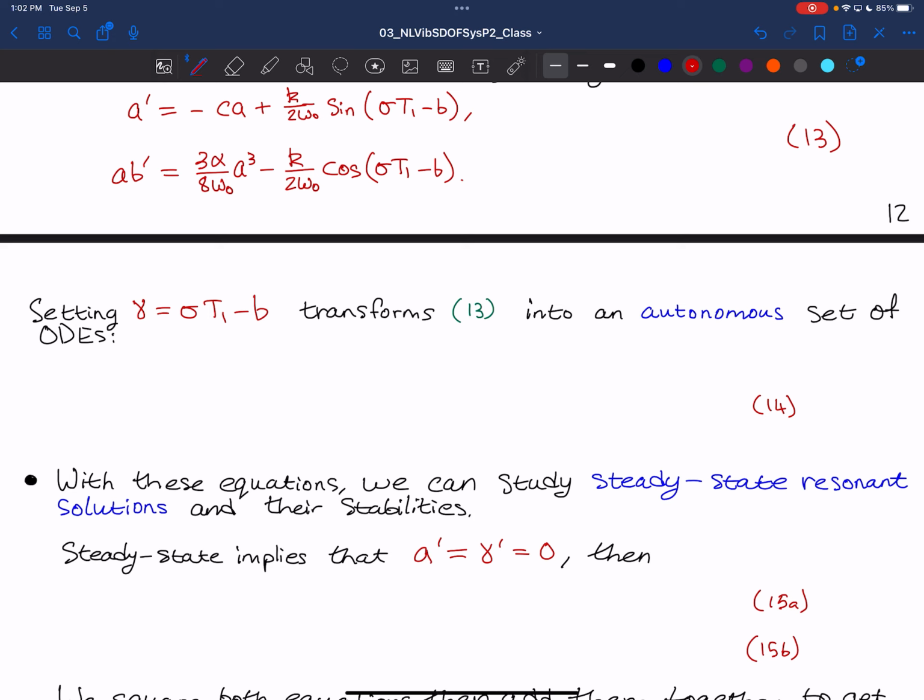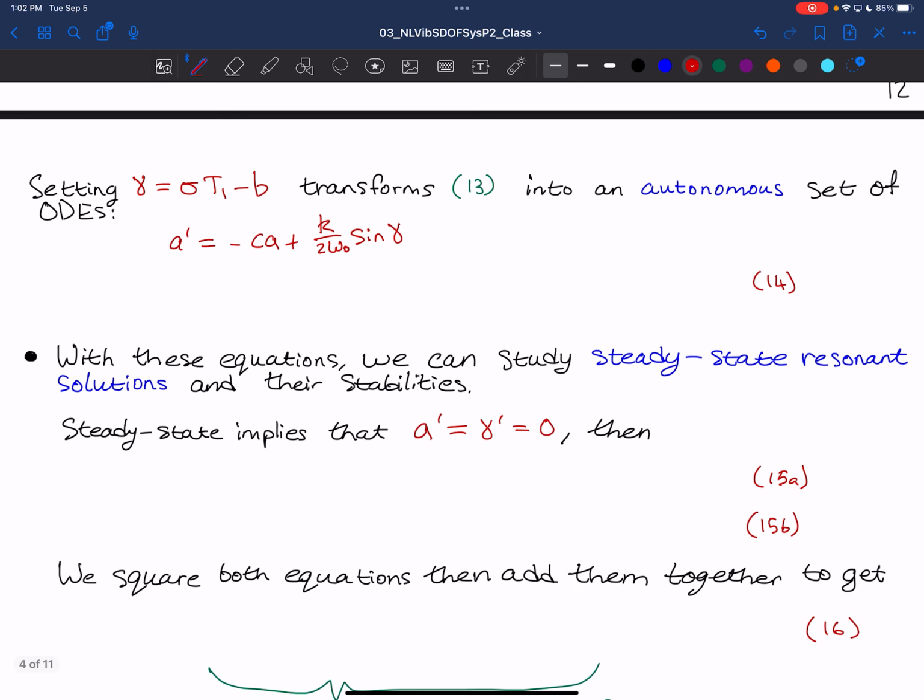Okay, what we're going to do now is we're going to set gamma equal to σT1 minus B, and then this allows us to transform this into a set of autonomous equations, which are A' is equal to minus cA plus k/(2ω0) times the sine of gamma, and Aγ' is equal to σA minus 3α/(8ω0) times A³ plus k/(2ω0) times the cosine of gamma.